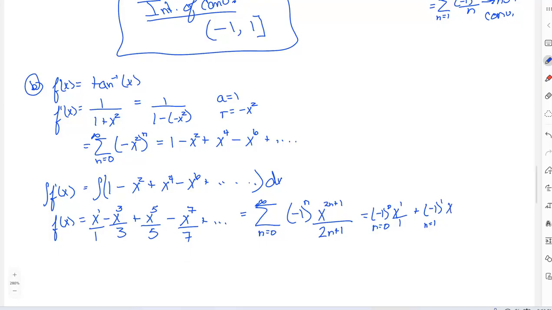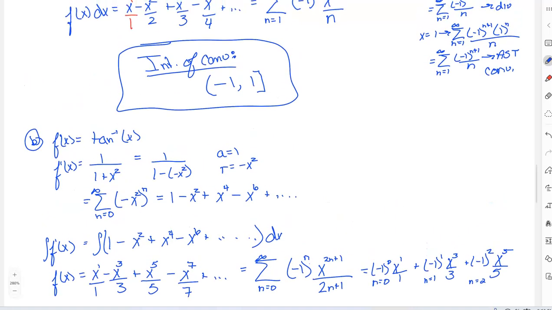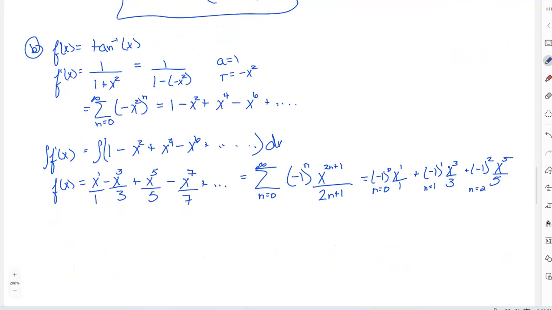And this is going to be x to the third over 3. And if I plug in n equals 2, I'm going to have -1 squared, which will give me a positive for the third term. And this is going to be x to the 4 plus 1, which is 5 over 5. So you can see how this is producing the same sequence that I have here. And then so on. So this is correct.